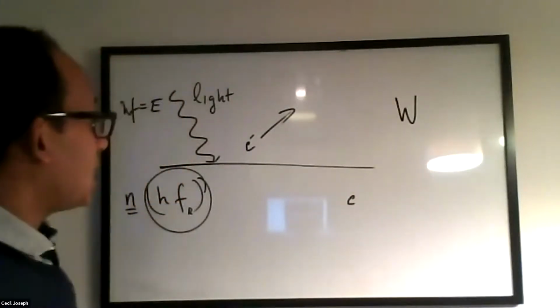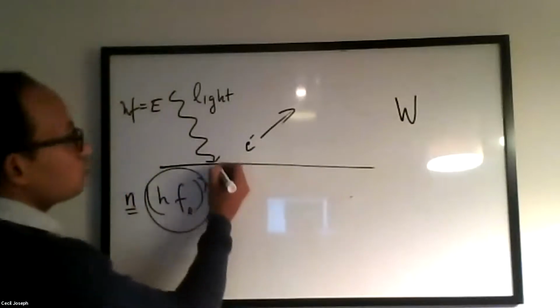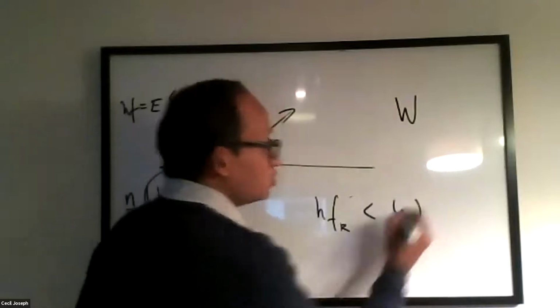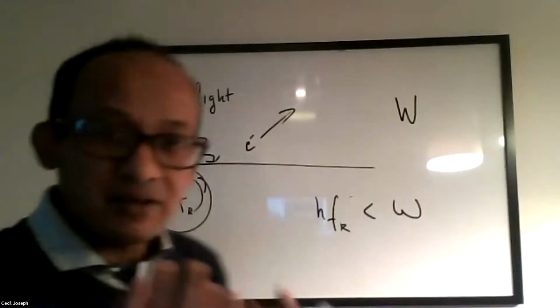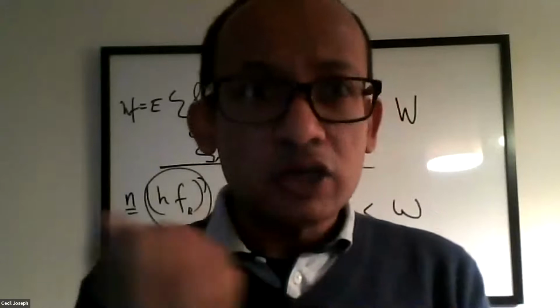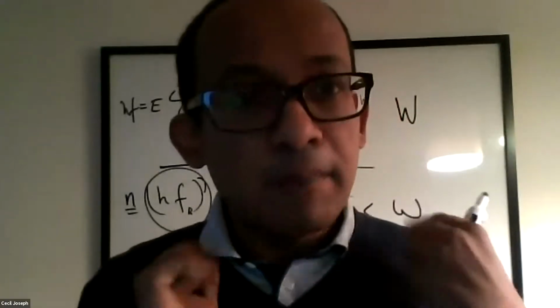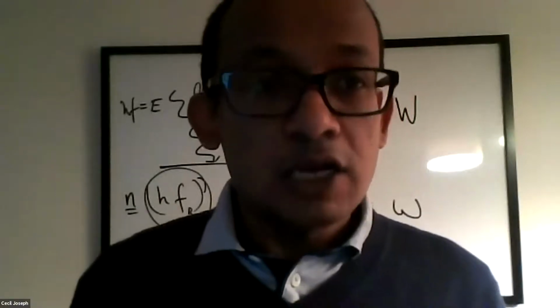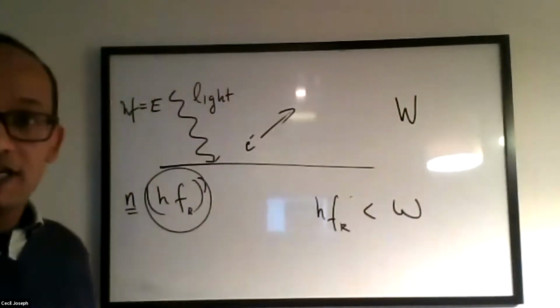However, if the energy of this photon, the h f red, is less than W, then in this absorption, the electron absorbs the photon. Yes, great, but it is not enough energy to eject. So it won't eject.